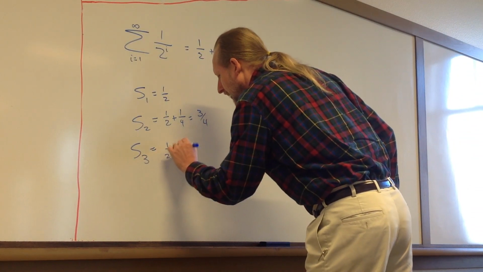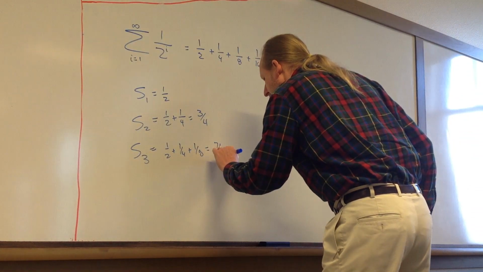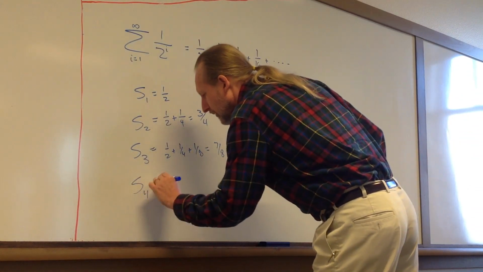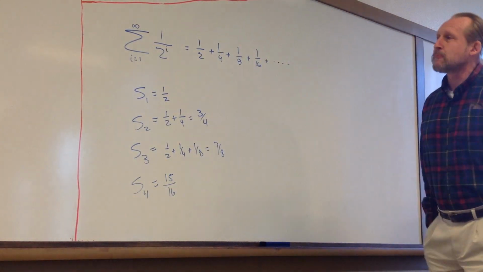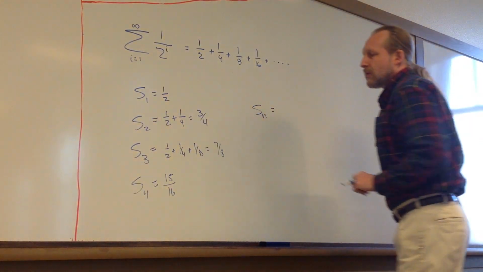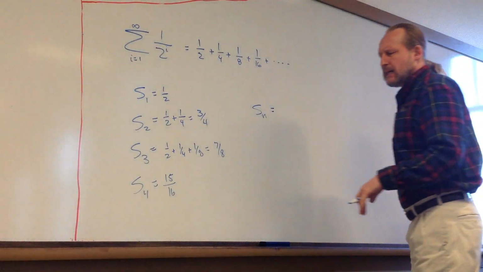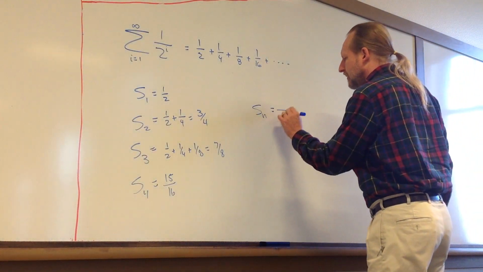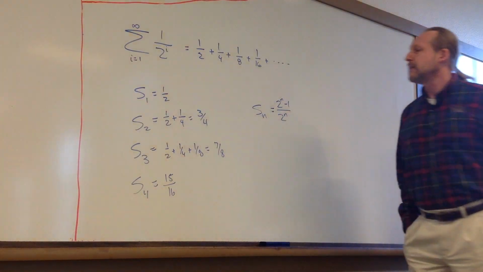A half, a fourth, and an eighth will give you 7/8. And then this one is going to be 15/16, and so on. And so S sub n here, the nth partial sum, is going to be 2 to the n minus 1 over 2 to the n.